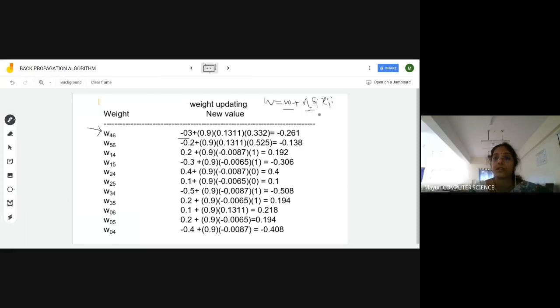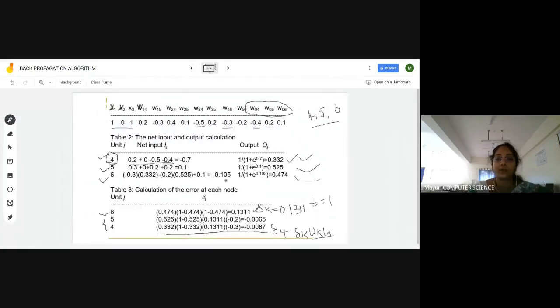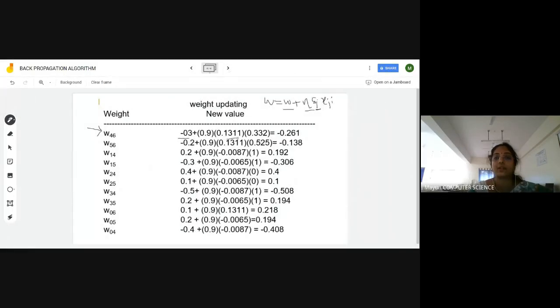And what is this del J? It is the error at 6, since you are propagating from 6 to 4. You are at the error at the output, which you take first: 0.1311. And then what is this xij?